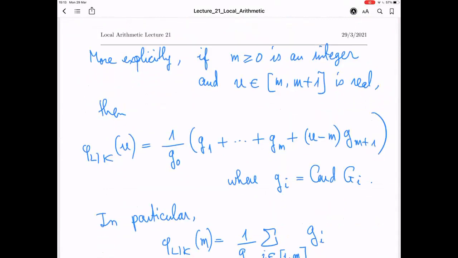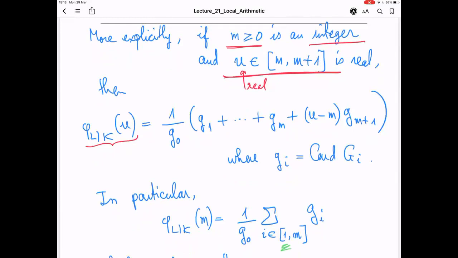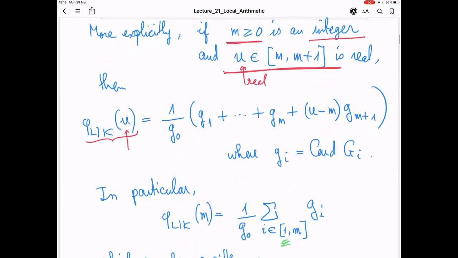Okay, so let's be more explicit. If m is an integer and u is a real number between m and m plus 1, then by definition, the value of the function phi L over K at U is 1 over g0 times this sum, g1 plus g2 up to gm plus (U minus m) times g_{m+1}.